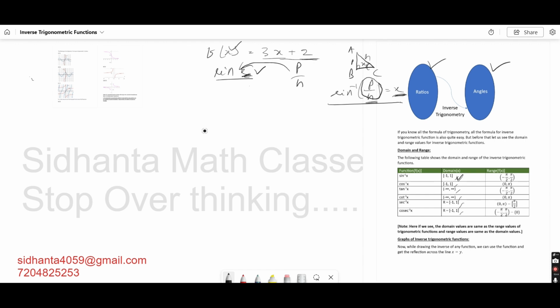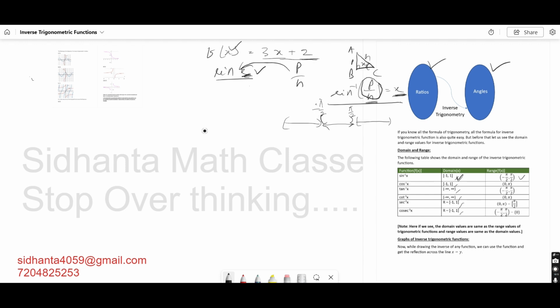Like minus 1 to 1 you can get for sine inverse, in between minus pi by 2 and pi by 2. It's not that you won't be getting values any further, but it's defined in this way. The values exist here also, and here also, but all the values you are going to get are in between minus pi by 2 to pi by 2.